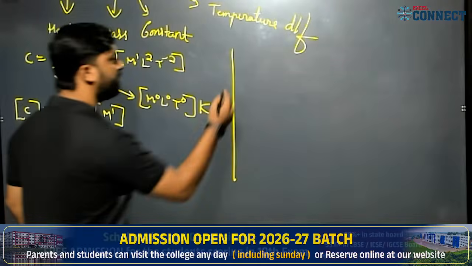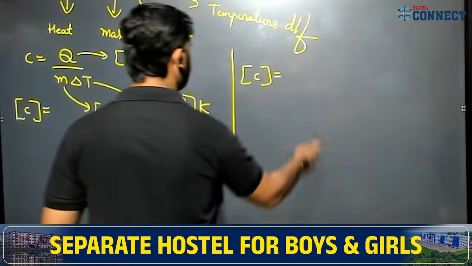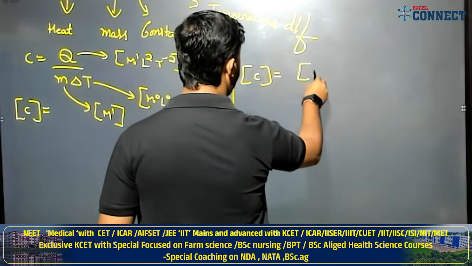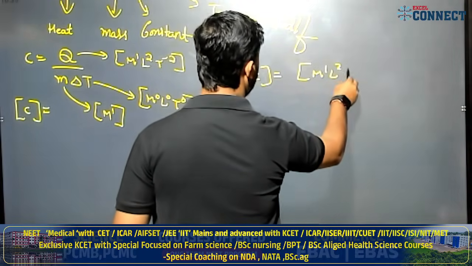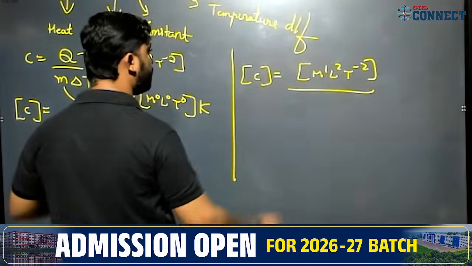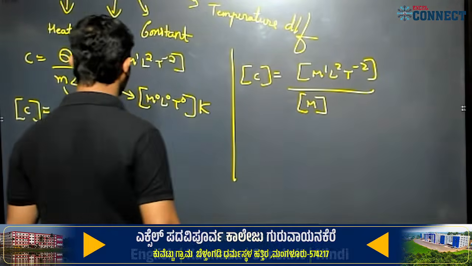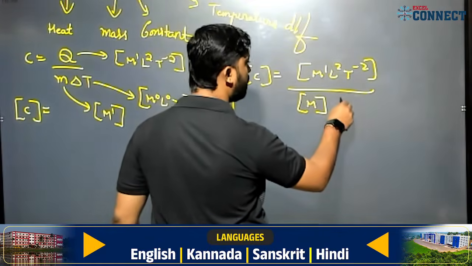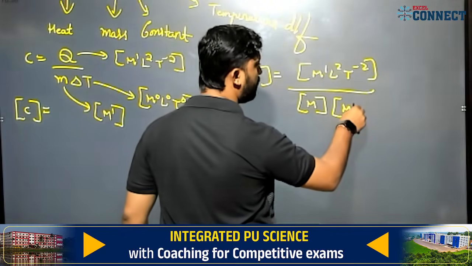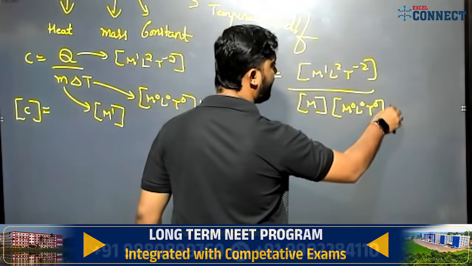So after solving, what is the dimension of C? Dimension of C is m1 L2 T-2 for the heat. Mass is m. Temperature is m0 L0 T0 and K.